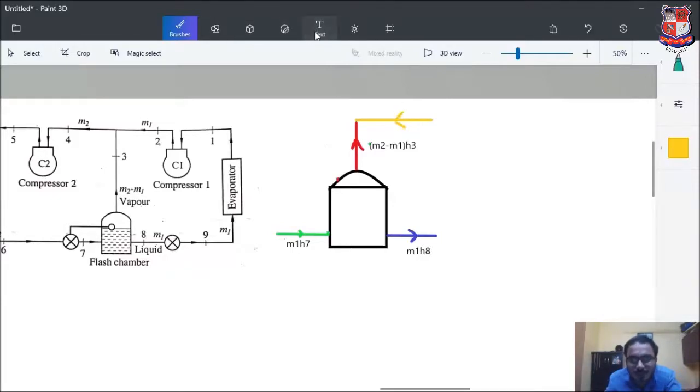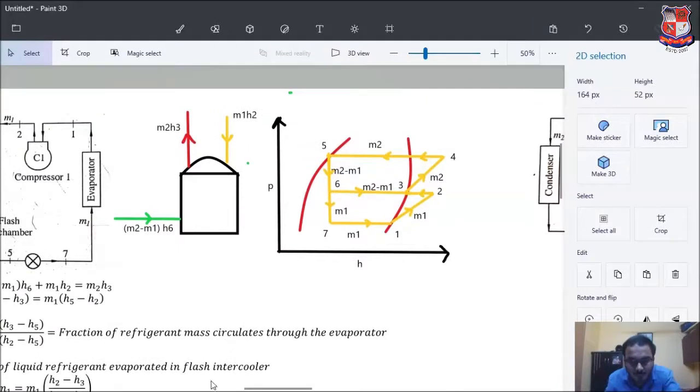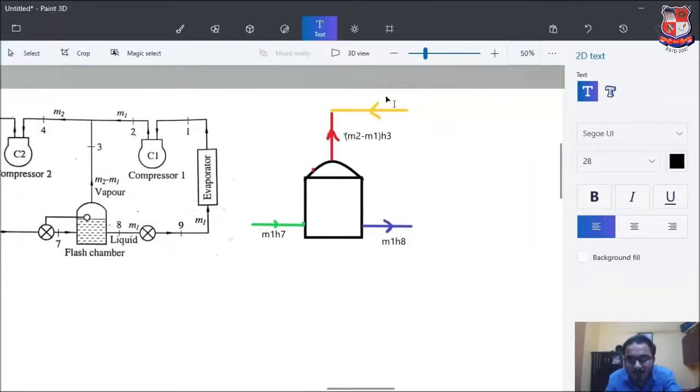And as you know, the condition here is M1, and it should be H2. Yes, it should be H2.